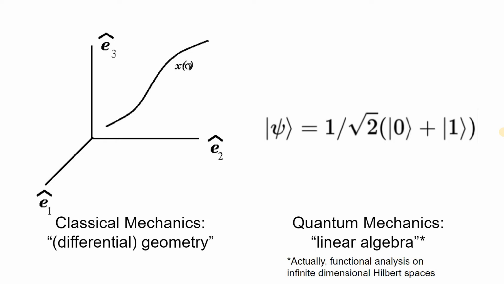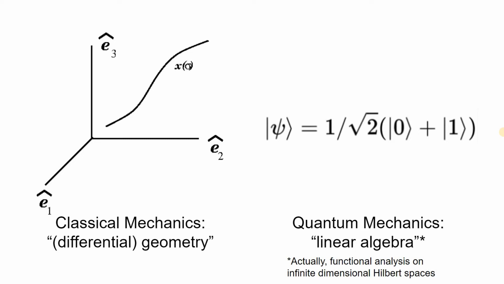So we go from differential geometry in classical mechanics to linear algebra in quantum mechanics, operators and state vectors, and the linear structure of that space of state vectors.